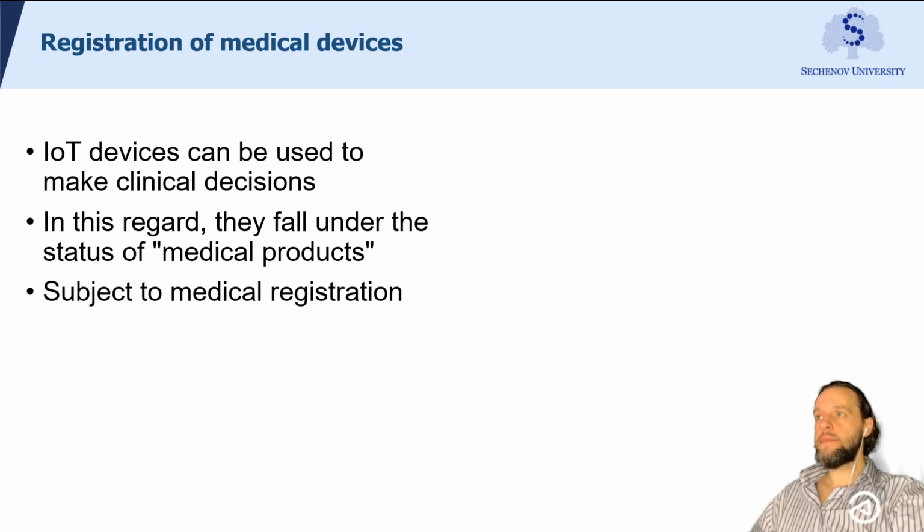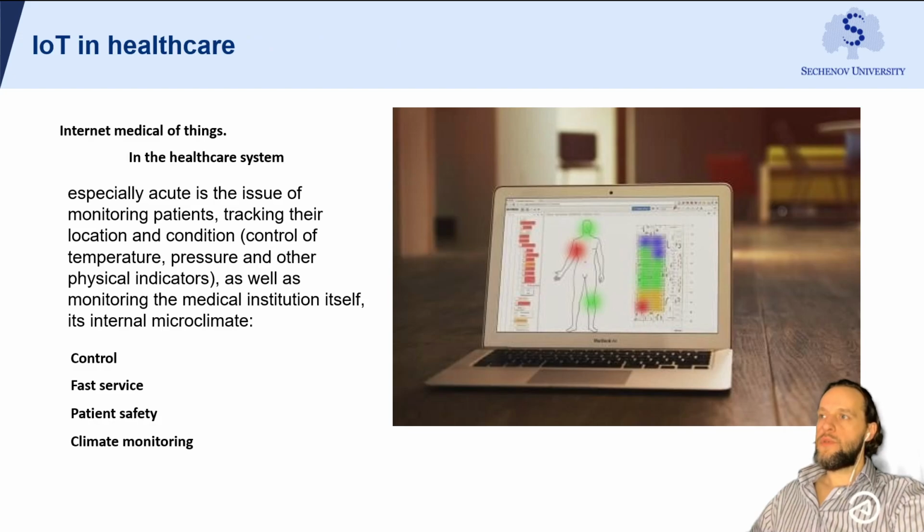In many cases, medical devices and Internet of Things devices could affect the health of patients, and of course, in these cases, they should be registered as medical products and, of course, tested, and their work should be controlled.